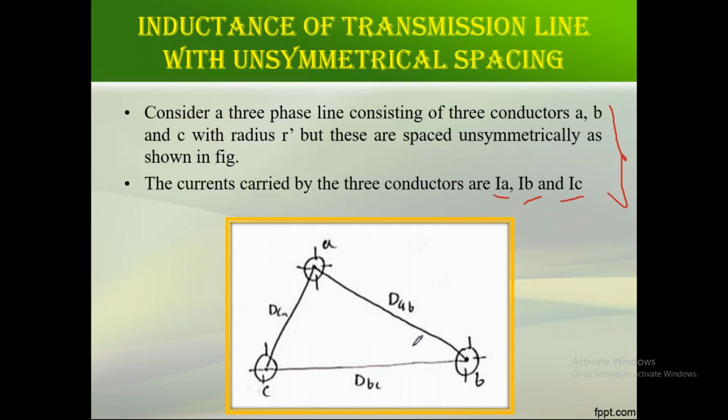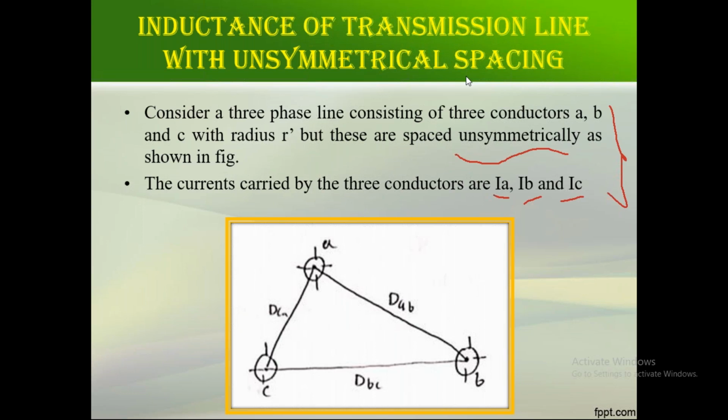That is the initial assumption. When the conductors are not placed at equal distance, it is called unsymmetrical spacing. Just remember that. If the conductors are placed at equal distance, that is called symmetrical spacing. The same question I will ask in the test. So just remember that.